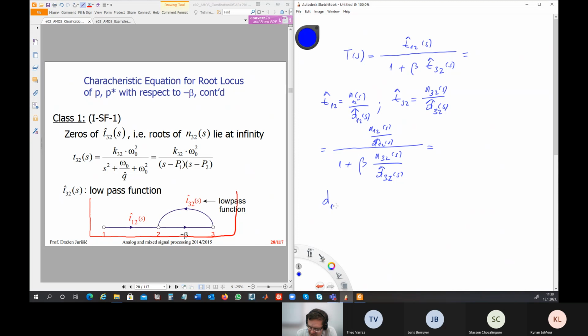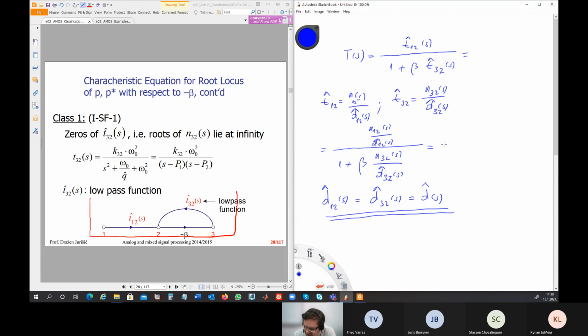We need that D12 of S is equal to D32 of S, and we can put a universal D of S of the passive network, and this is what we have just seen. This is always true if you use one single network. Regardless of the input point, you will have the same denominators.